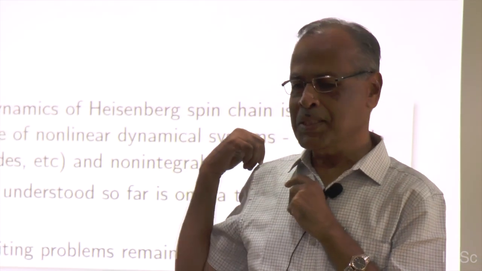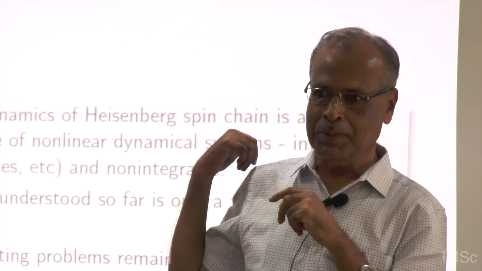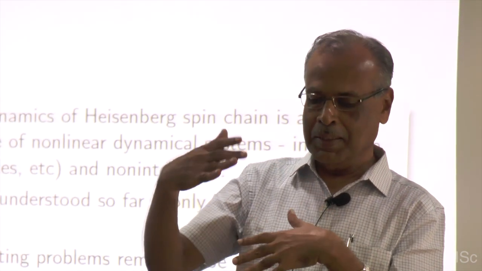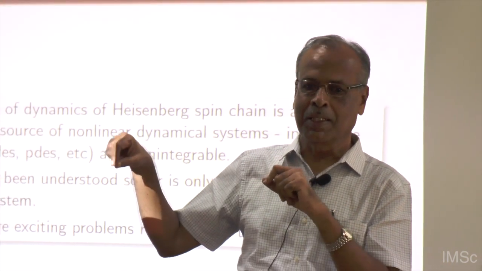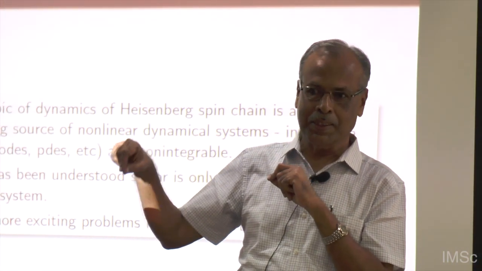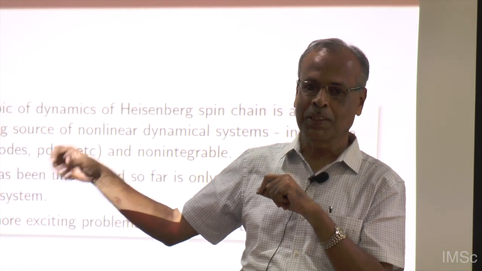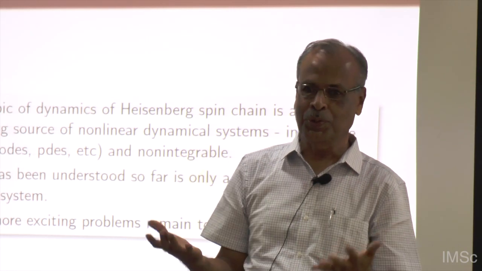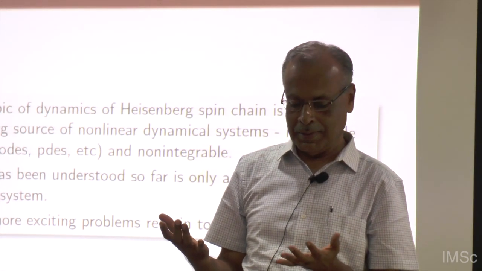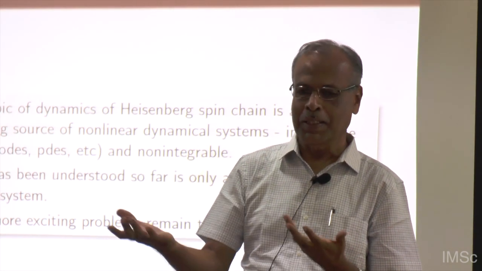But in this spin system, there is an additional complication. For each spin, there are 3 components, with a constraint: sx square plus sy square plus sz square equal to 1. That also you have to bring into your calculation if you want to show a given spin system is integrable or non-integrable.